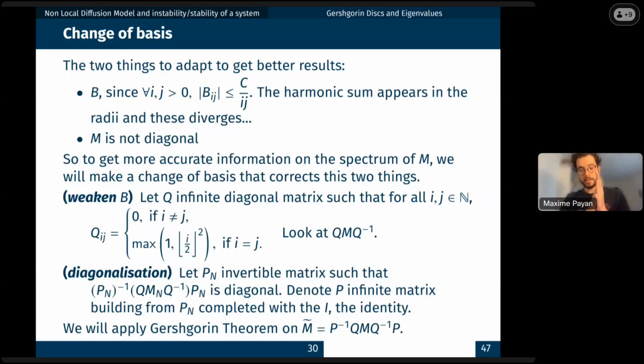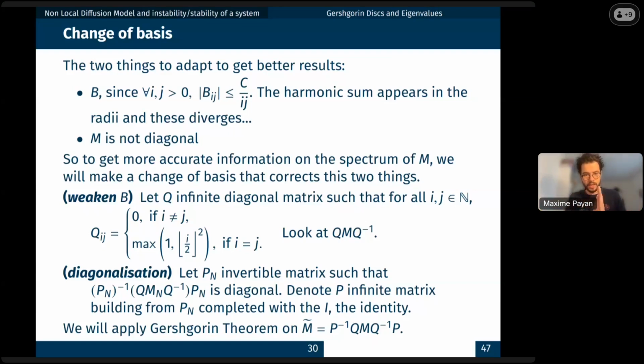So we just multiply by i squared. In rows we take exactly the sum of 1 over j squared, with just an i above, so it's perfect. Of course, in rows you get a constant bigger and bigger, but you know that when you fix the row, the radius is finite. So it was perfect.